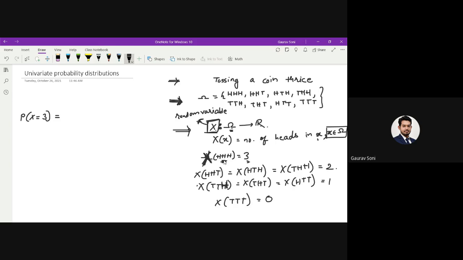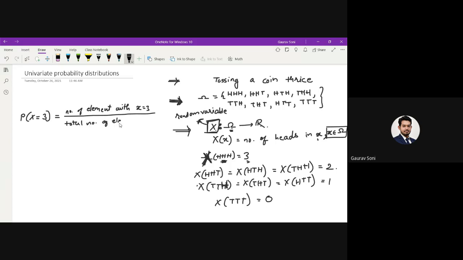Only one element is having 3 as the value of X. What will be the probability? The number of elements with X as 3 upon the total number of elements.